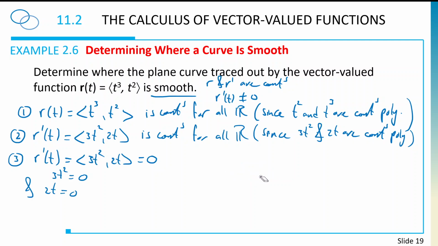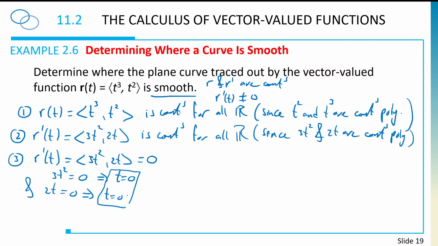Okay, so let's try. When 3t squared equals 0, that means that t is equal to 0. And 2t equals 0 when t equals 0. So it seems there's a common value that makes this completely 0. So the only value that makes both components 0 is t equals 0.